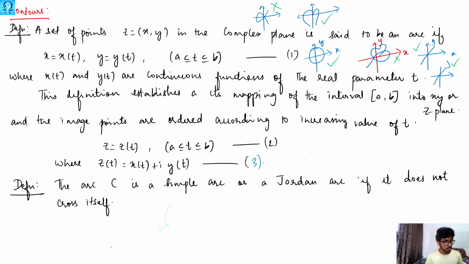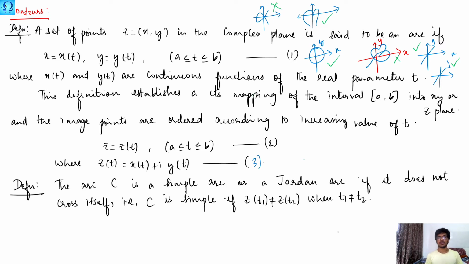If it does not cross itself, mathematically, how do we represent this? An arc is said to be simple if z(t1) is not equal to z(t2) whenever t1 is different from t2.